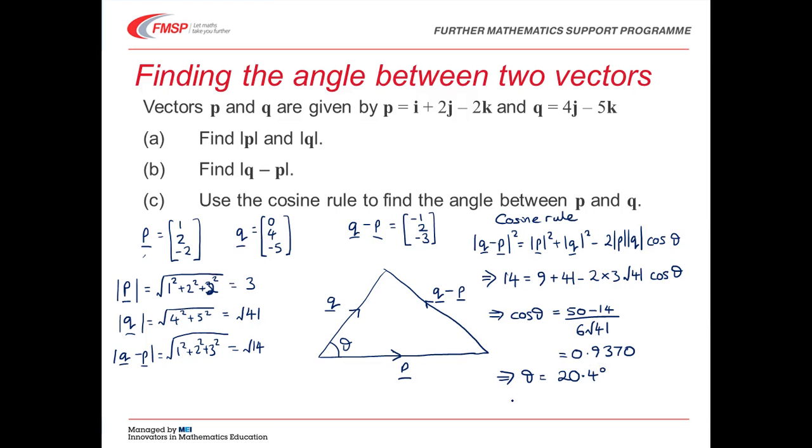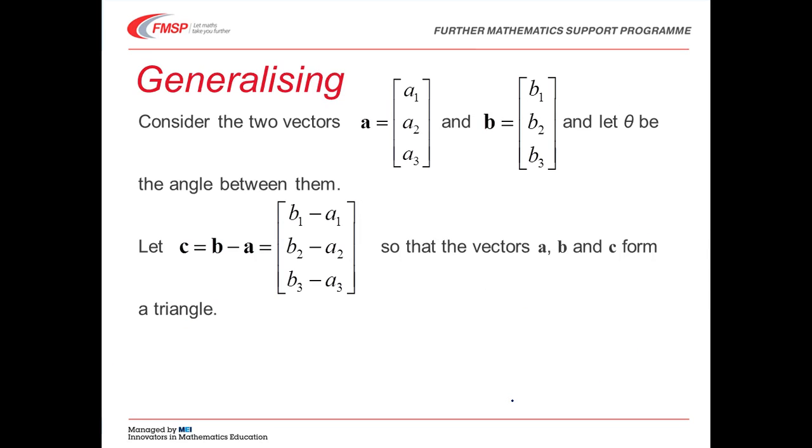Okay, that gives you an idea of how this works. Now let's generalize. I've got two vectors A and B, and I've called the components of A, A1, A2 and A3, and the components of B, B1, B2, B3. And then I've got a vector C, which is B minus A, as given.